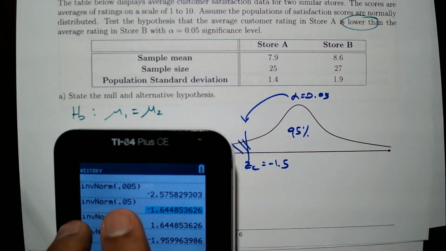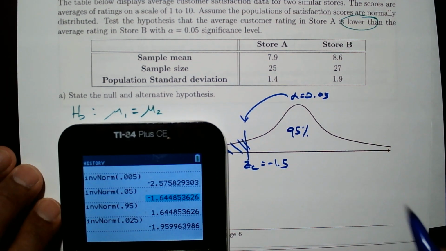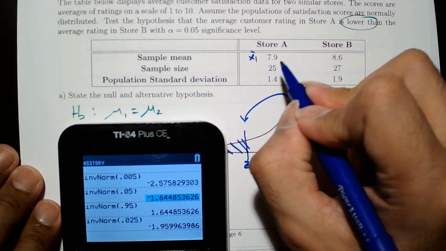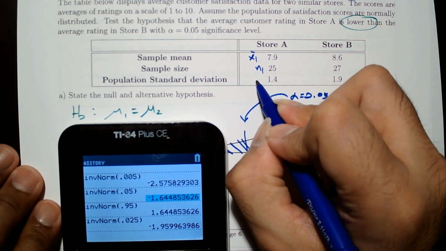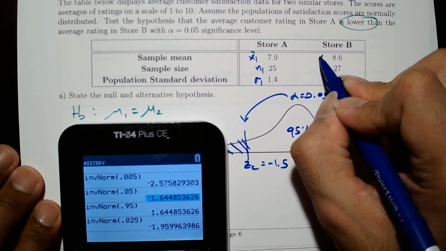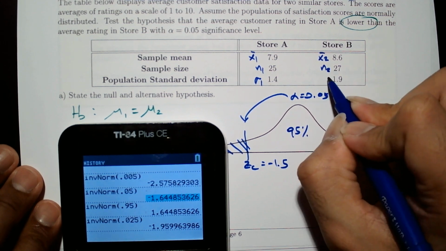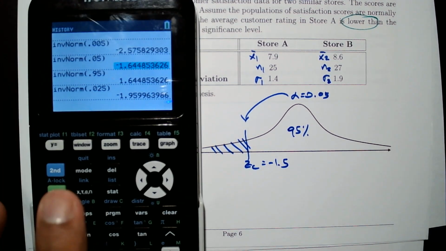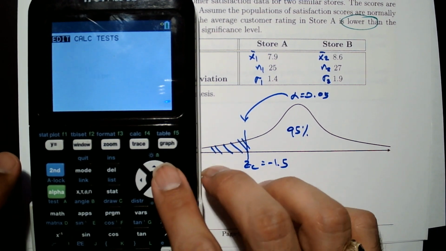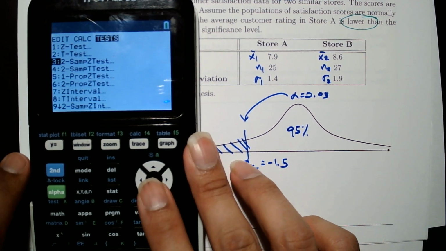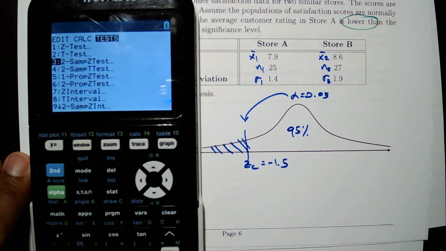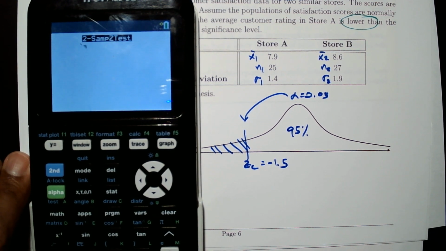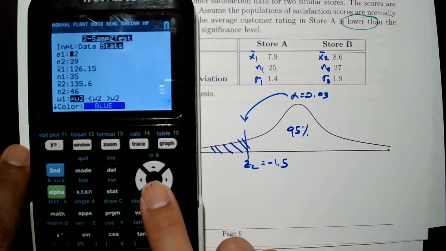So let's put this data in the graphing calculator. That's x bar 1 and sigma 1, x bar 2 and sigma 2. Let's use calculator STAT TESTS number 3, 2-SampZTest, and put the data right here.